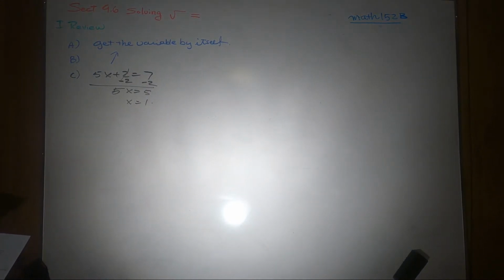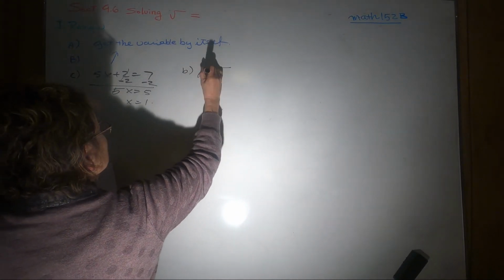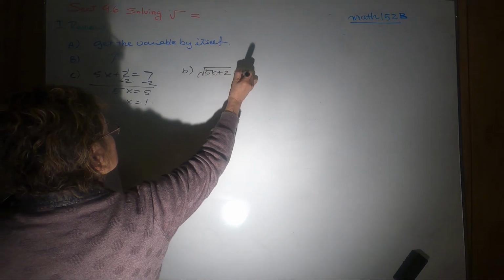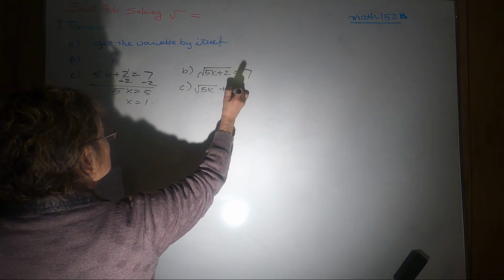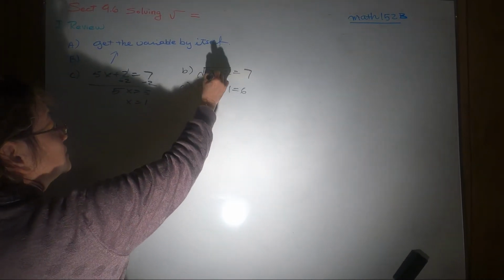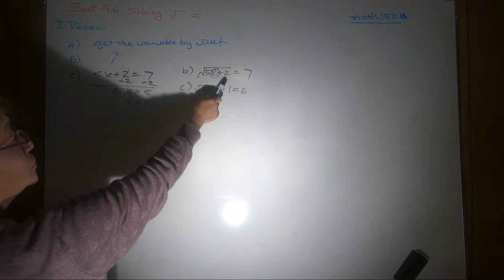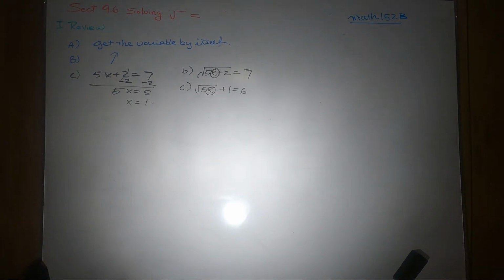So now we have this: 5x plus 2 equals 7. Then we have this one, 5x plus 1 equals 7. So we want to get just x by itself. Get rid of the 2 and 5 here, the 1 and 5 here. How are we going to do that?